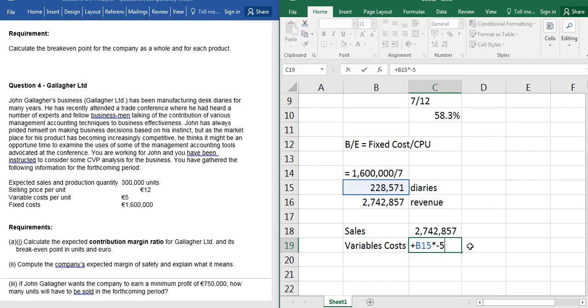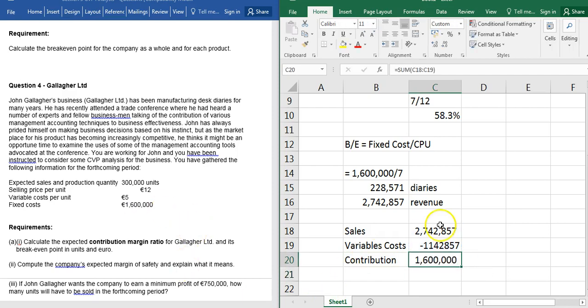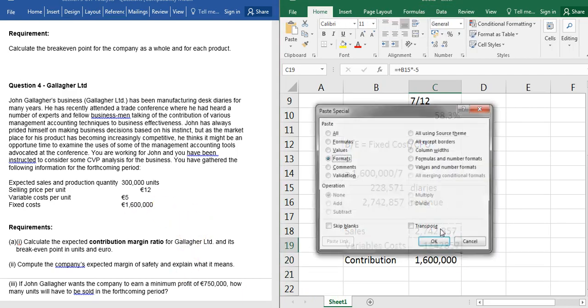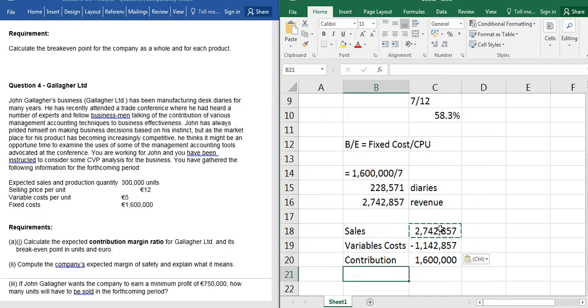Now I'm doing minus 5 to get to the cost, because each diary you make has a variable cost or an incremental cost of 5. That leaves you a contribution, if you take one from the other, of exactly 1.6 million. So what we know straight away now is, when you take off your fixed costs, your actual profit for the year will be nil.